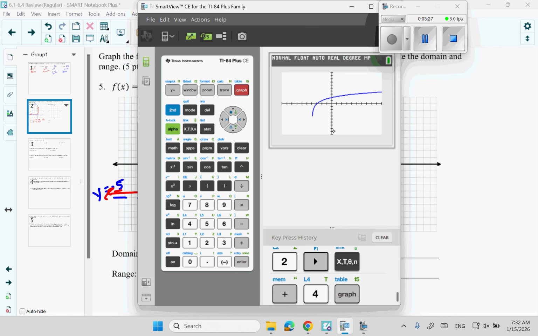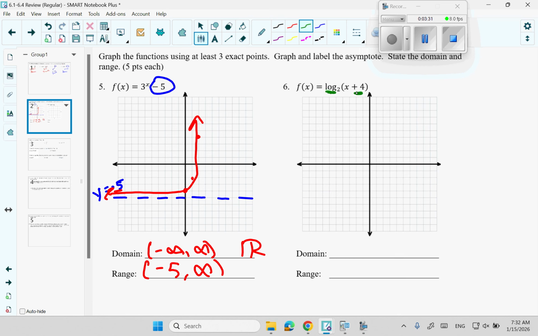Graph. Normally it's at this 0 line, but I have this plus 4 that's going to shift everything to the left 4. So 1, 2, 3, 4. My asymptote is going to be right here at x equals negative 4.